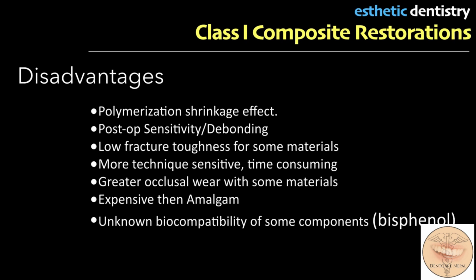If the material is not good, there could be some linear coefficient of thermal expansion, and the biocompatibility of some components, including BIS-GMA, is unknown. It requires more time to place as compared to amalgam. It is more technique sensitive. You need etching, priming, and adhesive placement, inserting the composites, developing the proximal contacts, finishing and polishing, and in comparison to amalgam, it is expensive.